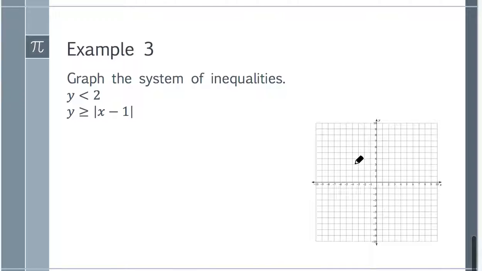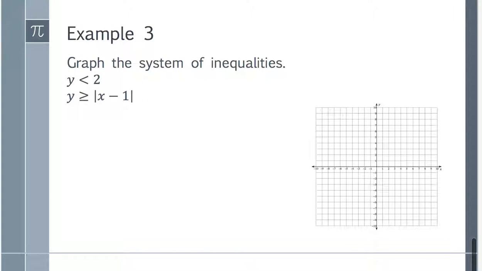Okay, example 3. Let's graph these two inequalities. Let's do blue for y is less than 2. You know what? I don't like that. Let's delete that. I meant to do something else, so I'm just going to get rid of that.